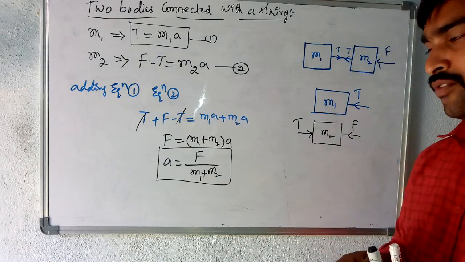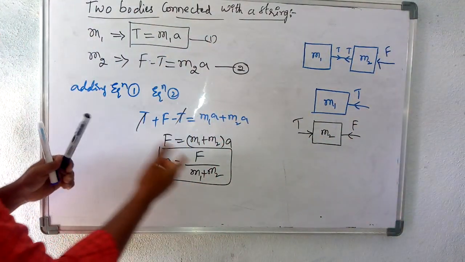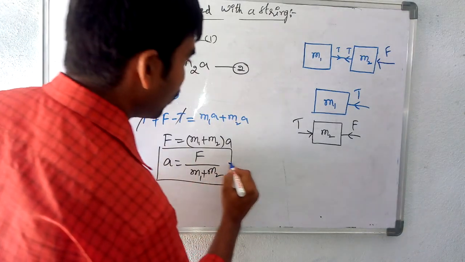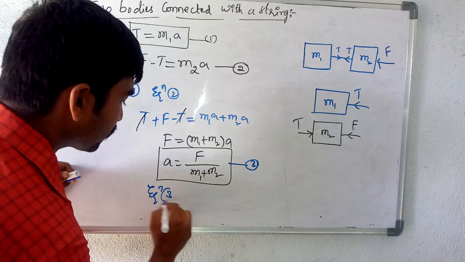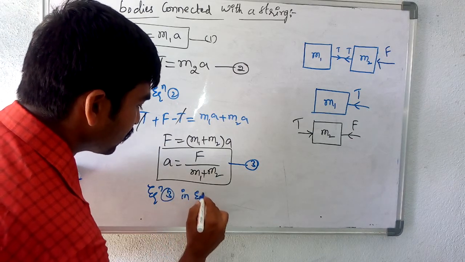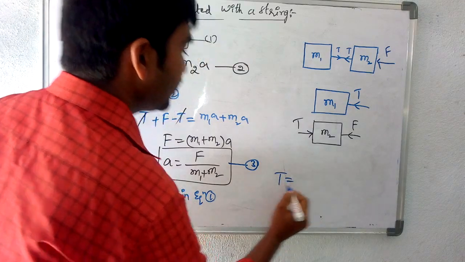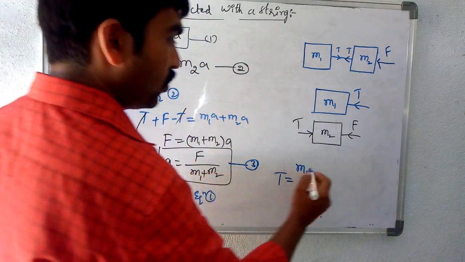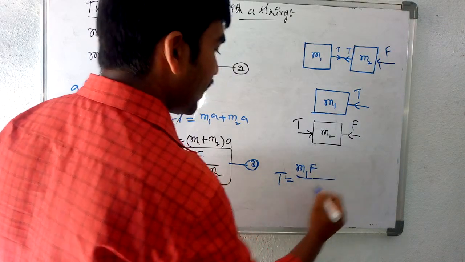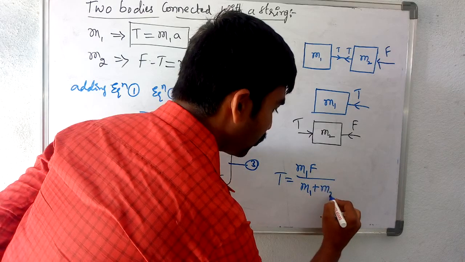What about tensional force? The A value, applied on equation 1, this substitution. Equation 3, substitute in equation 1. The value becomes T is equal to M1 into capital F by M1 plus M2.